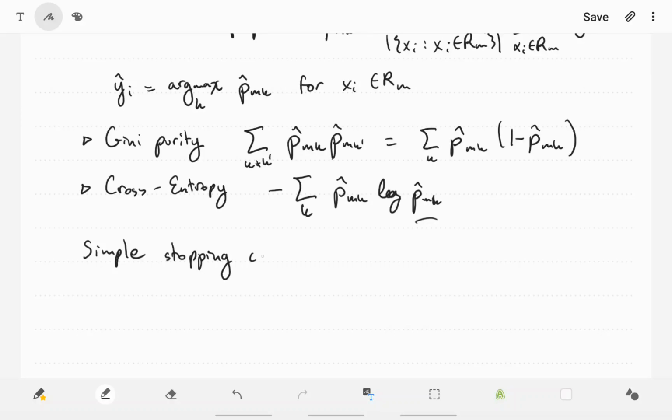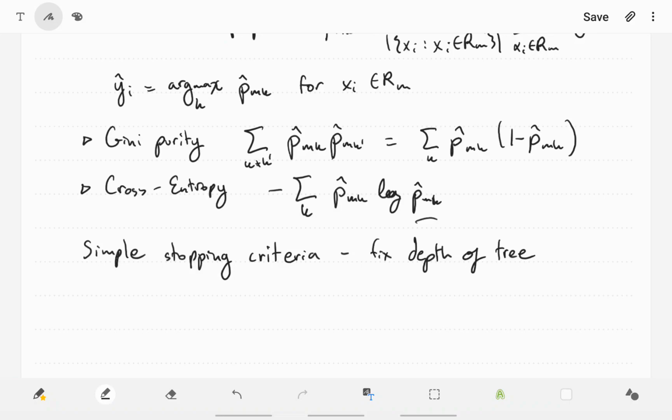There are other information theoretic reasons behind using depth of the tree as a measure of complexity of the tree, but oftentimes we're going to use the depth of the tree as our tuning parameter here.